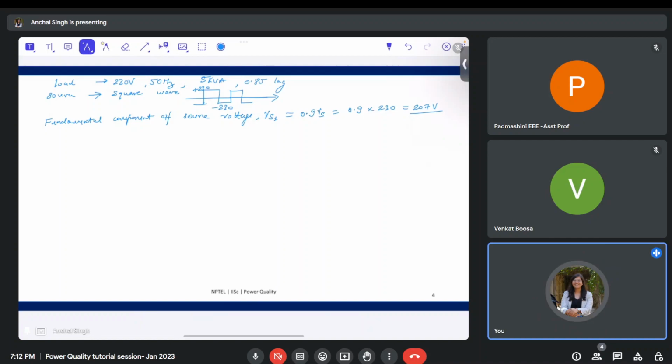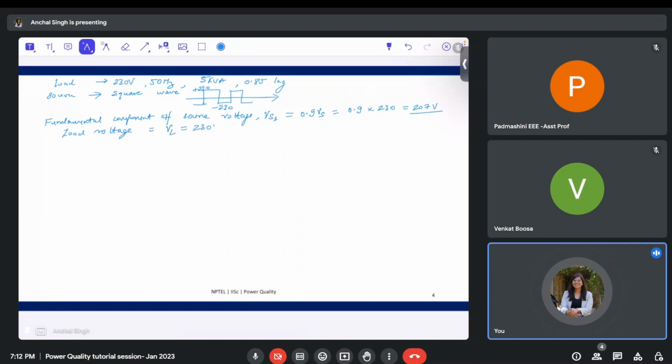Now the load voltage that we have to regulate is given as 230 volt, because our load needs 230 volt. Let me call the load voltage that we need to regulate VL. It is given as 230 volts.